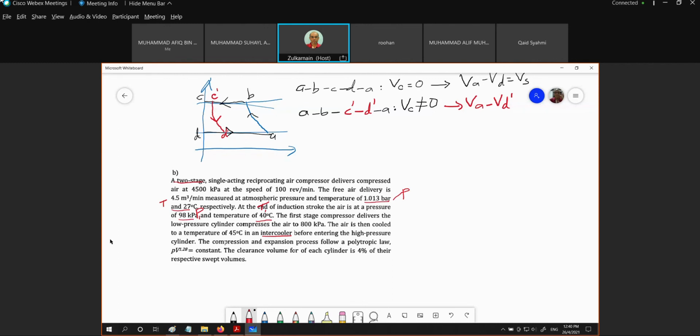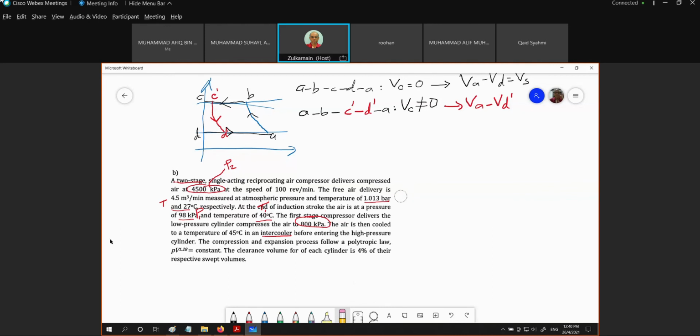Now let us look. The compressor of double 2-stage single acting has to deliver for 5. This should be your delivery, which is your P2. What is this 800?